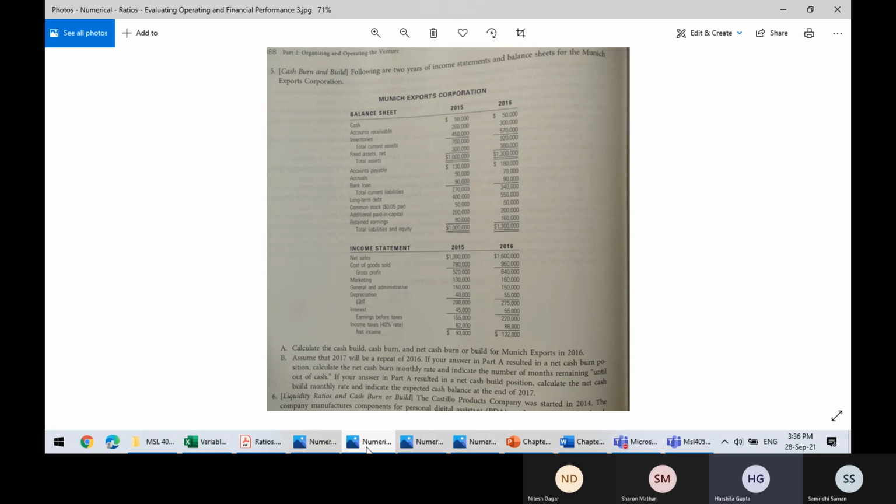Then the income statement is given, which gives us the net profit, that is incomes minus expenses, and then the net income or losses. So let's start with the first question, which is to calculate the cash build, cash burn, and net cash burn or build for Munish Export in 2016.